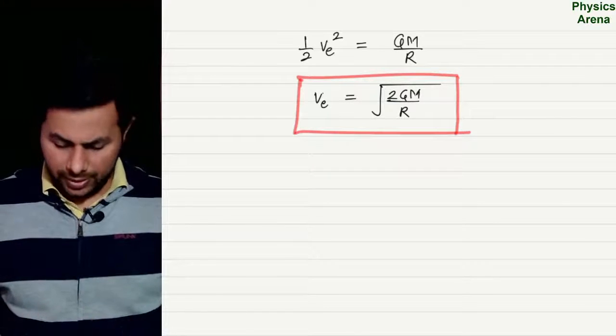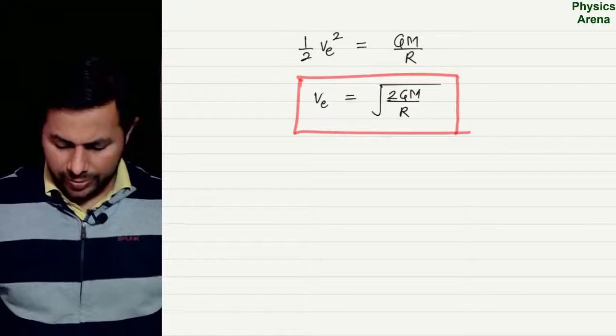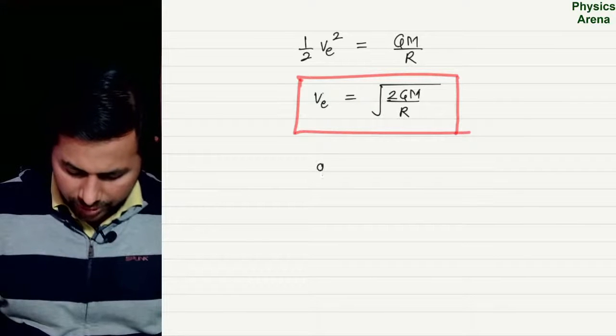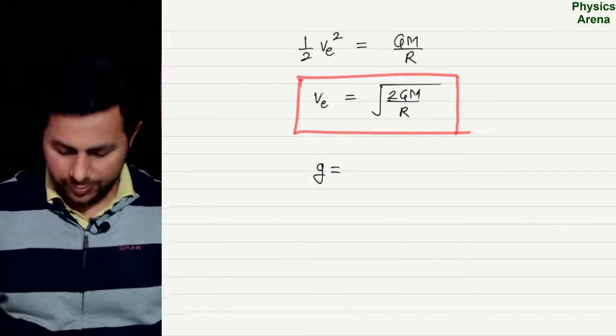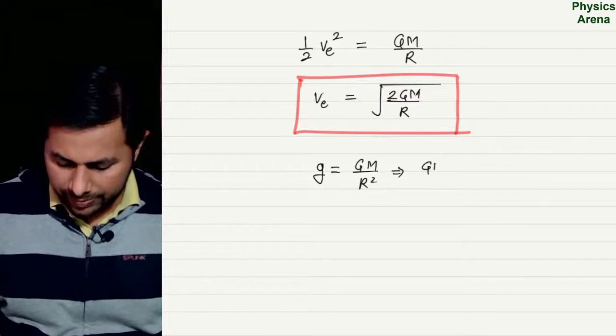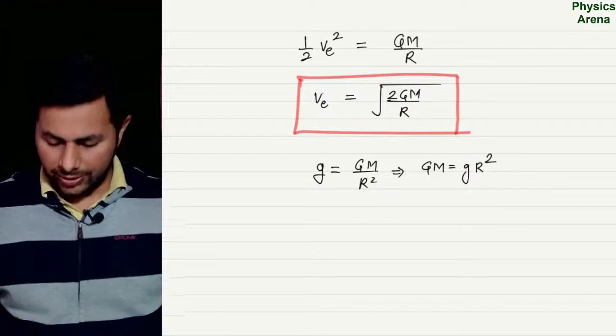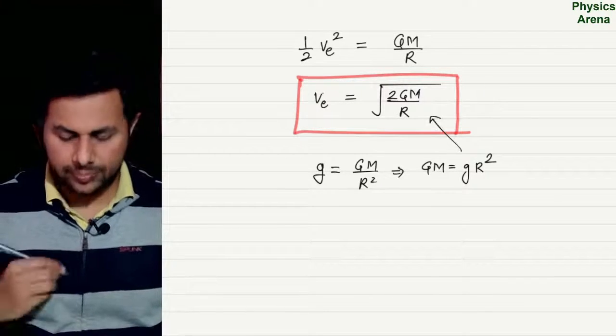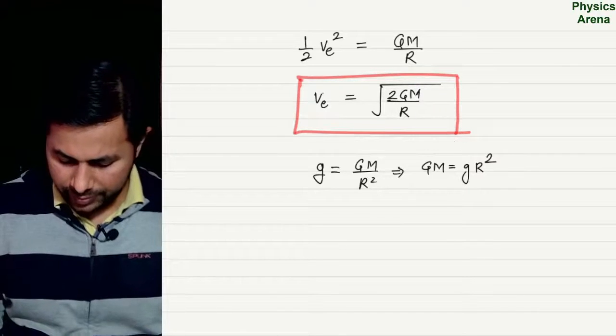Then you can use the formula g equals GM over R squared, which gives GM equals gR squared, and you can substitute that here.